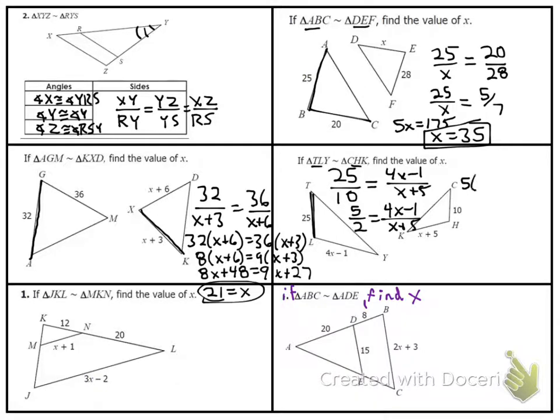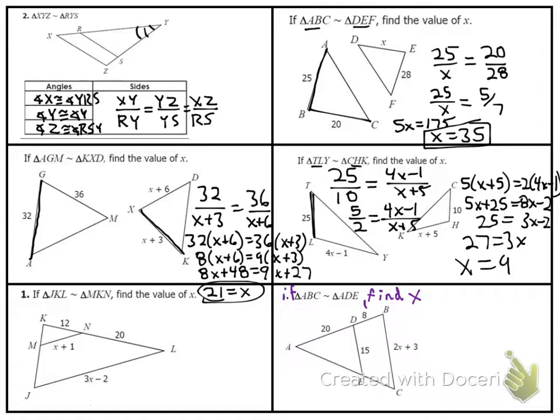We have 5 times x plus 5 equals 2 times 4x minus 1. Gives us 5x plus 25 and 8x minus 2. We subtract the 5x, we get 3x. We add over the 2, we get 27. So 3x equals 27, and x equals 9.